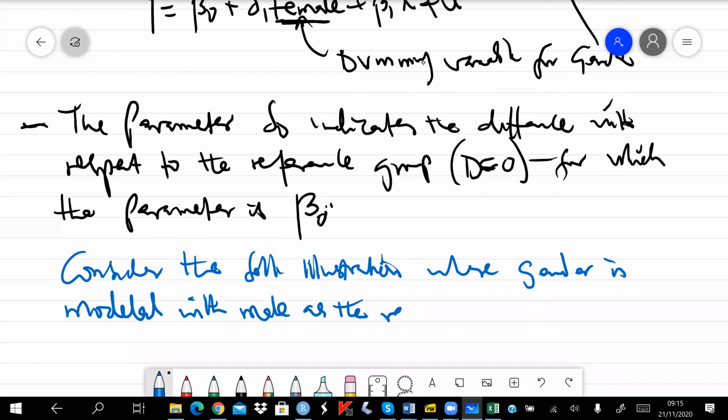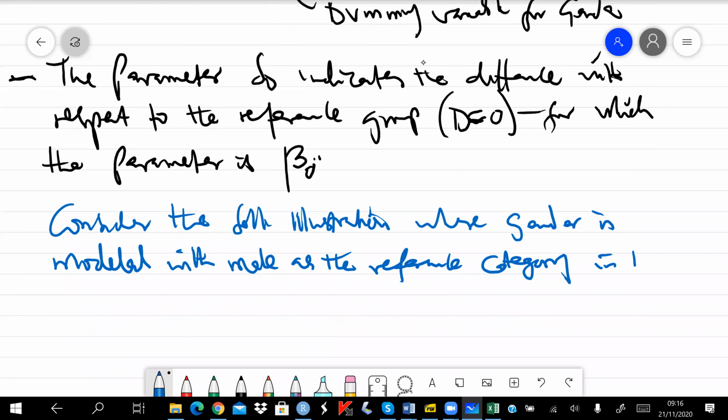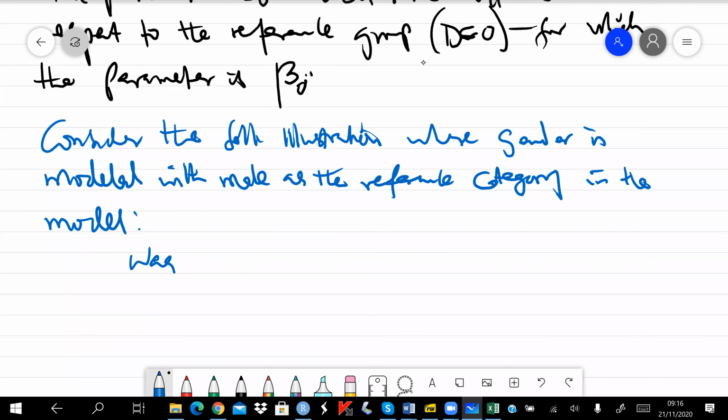In this model, wage is equal to beta naught plus delta naught D plus beta 1 of education.